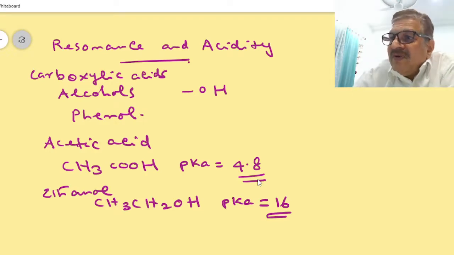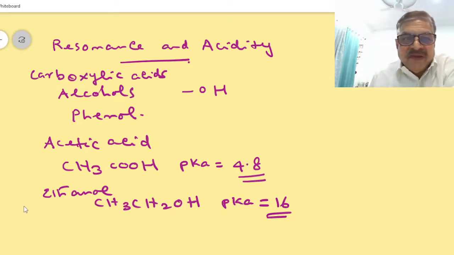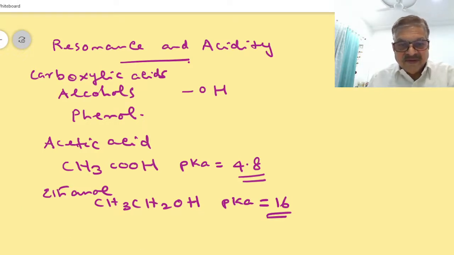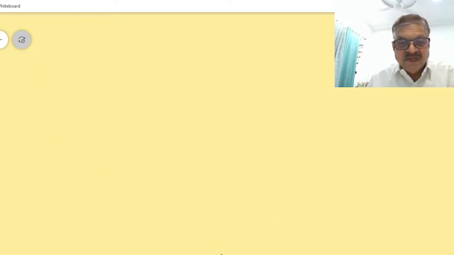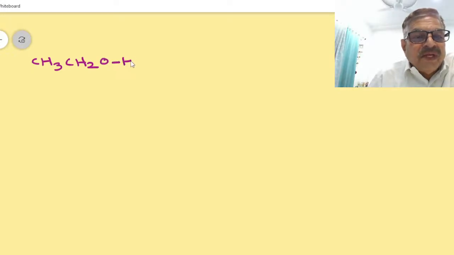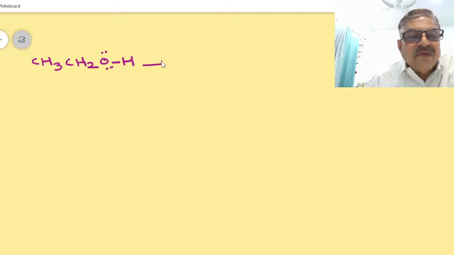Correct. So, how will you explain this phenomenon here? Now we have to draw the conjugate base. That is how we have to proceed. Now let us see the conjugate base of ethanol, how it looks. That is, we have CH3CH2OH. Okay, the loss of a proton will give you the conjugate base here.